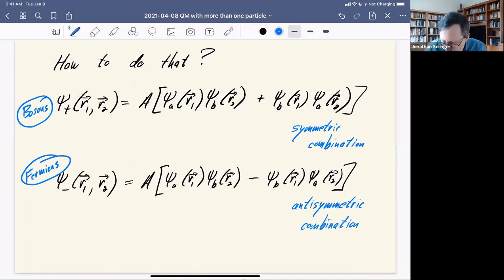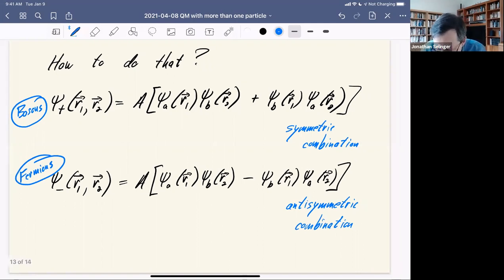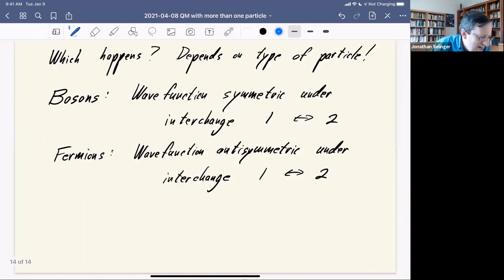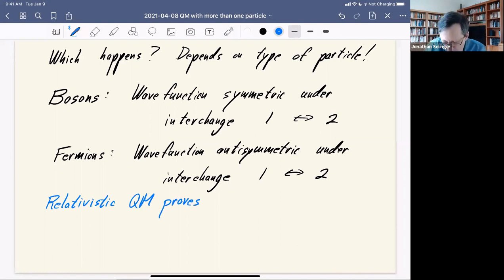Now, how do you know which kinds of particles are bosons and which kinds of particles are fermions? Okay, well, there is actually a proof of that that comes from relativistic quantum mechanics. That is a more advanced version of quantum mechanics than what we have in the first semester. But I'll just tell you a result from relativistic quantum mechanics.